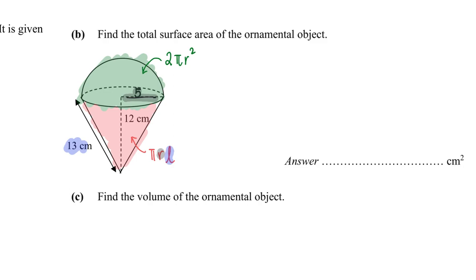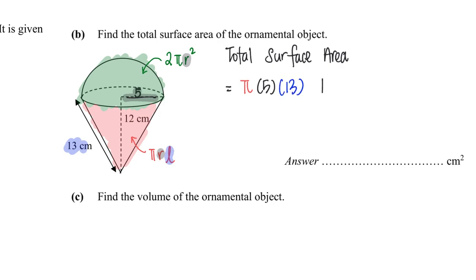And therefore, I will then be able to get the total surface area easily. It will be pi, r is 5, l is 13, plus my 2 pi r square.